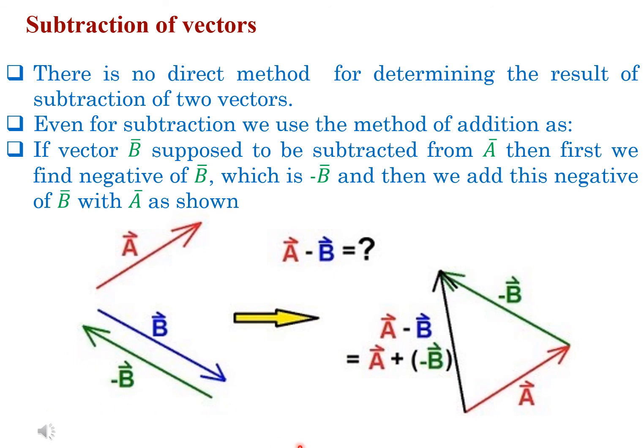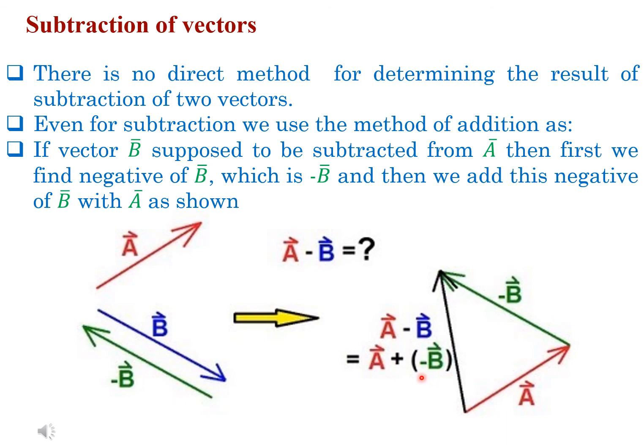Now we can add vector A and minus vector B according to head to tail rule. So tail of vector minus B is on the head of vector A. Now we can join the tail of vector A with the head of vector minus B with arrowhead on the head of vector minus B. That gives us resultant, that is A vector minus B vector.